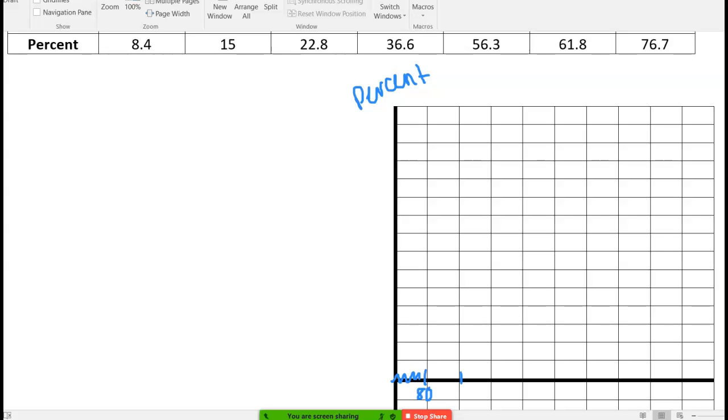I'm going to do it by 5s. So you're going to go to 85, then 90, then 95, 2000, 2005, 2010, 2015. So again, you're evenly spacing them by 5 years.